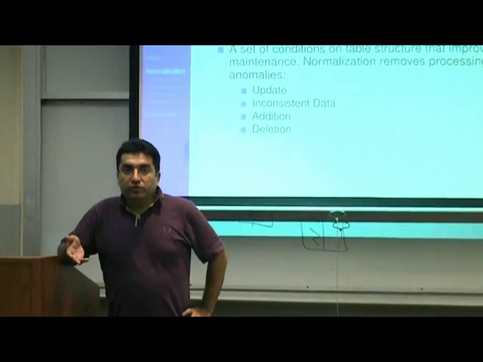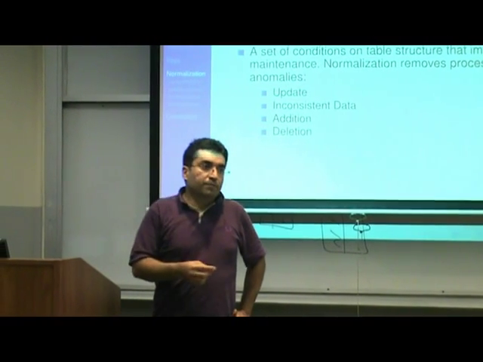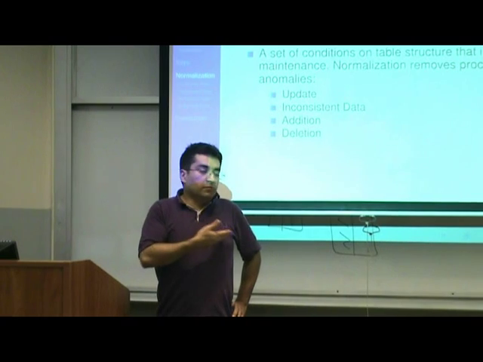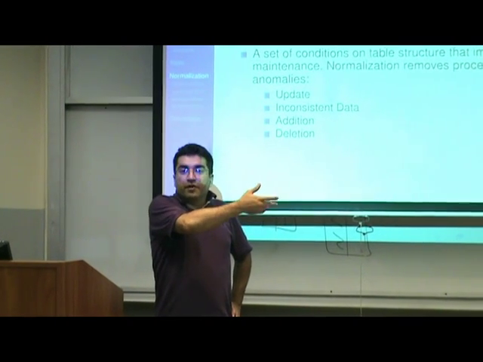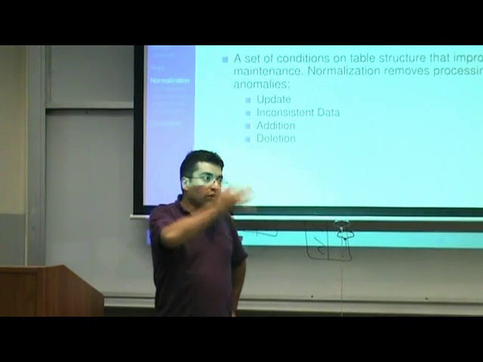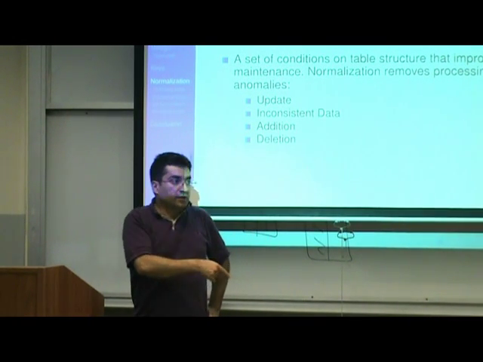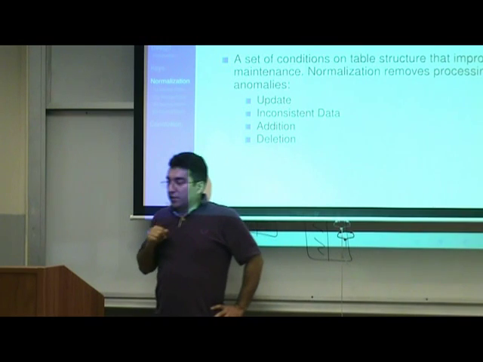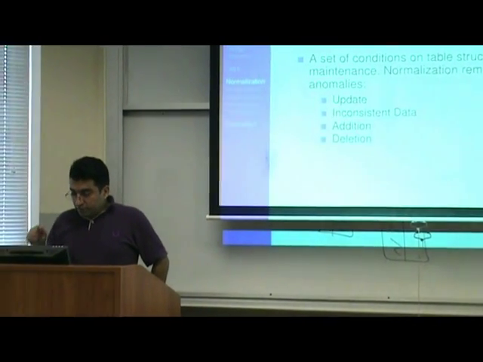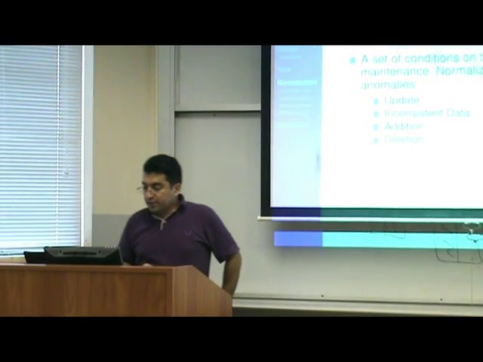But if you have redundant data, for example, if you repeated my ID, my name and all of my information several times, and you want to change my name, then you have to go to all of those places and update them in order to keep the integrity of the database. So it improves the efficiency of the update.